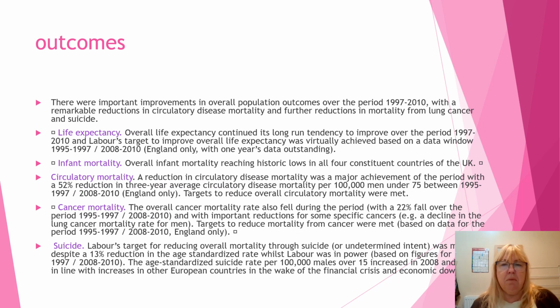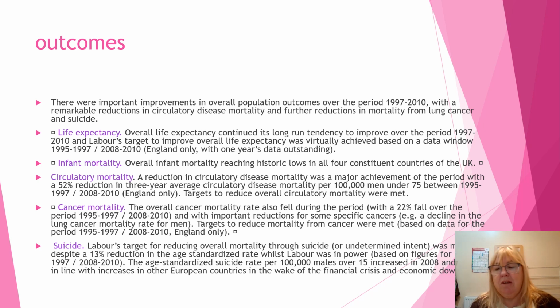Some more outcomes, some large statistics. Overall life expectancy improved gradually over their period of time in power. Infant mortality reached historic lows in all 4 countries in the UK by the end of their time.